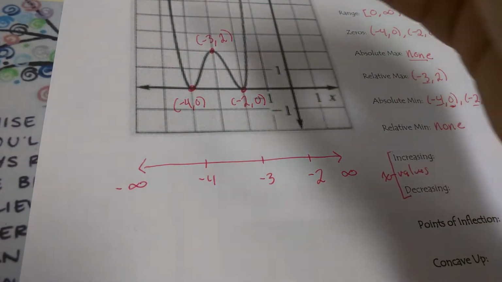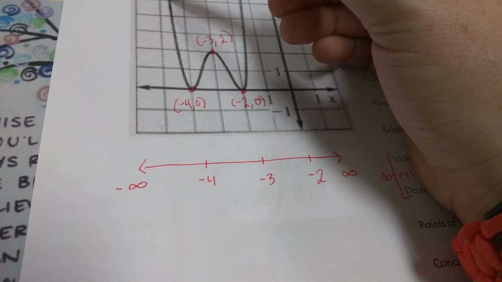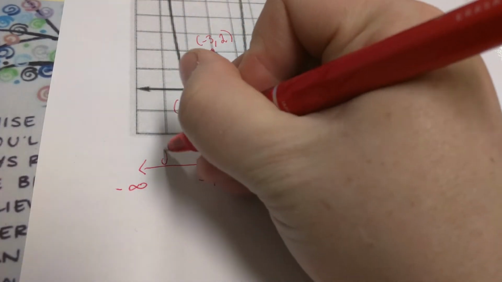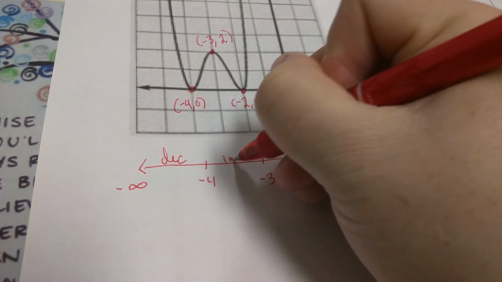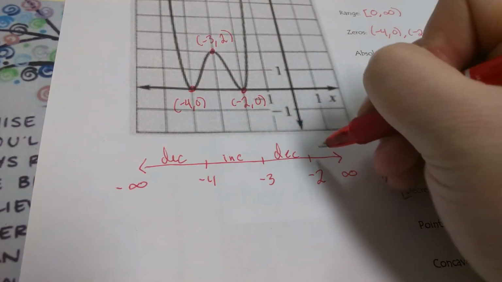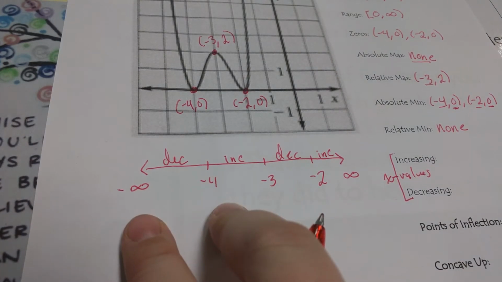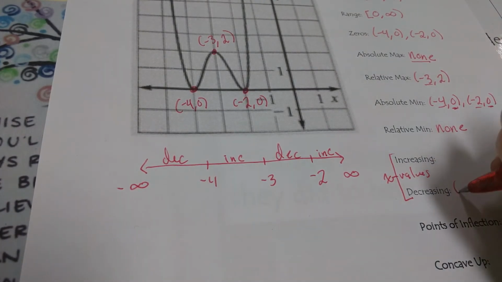I'm going to look at what I start doing. Reading from left to right, we start by decreasing. So this part here is decreasing. And then I'm always going to switch back and forth between decreasing and increasing. And that gives me my little ranges. So I am decreasing from -infinity to -4.